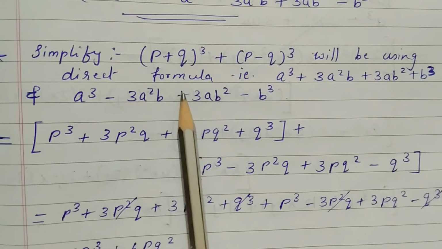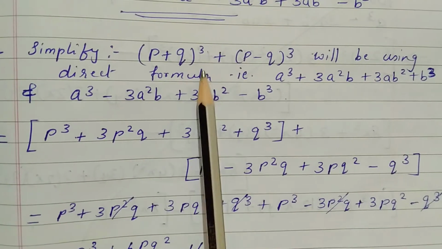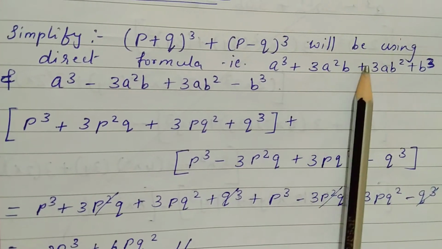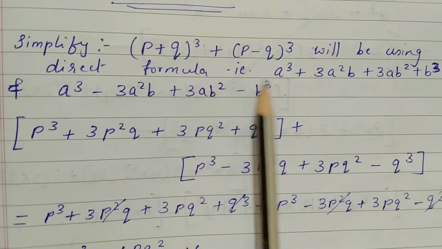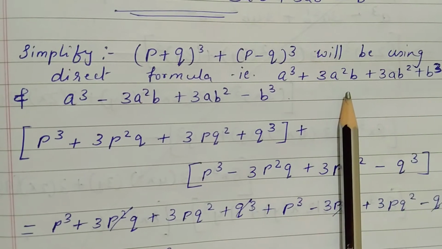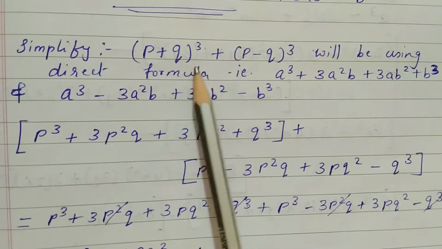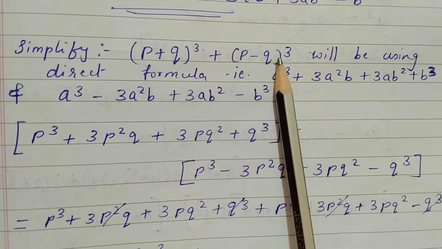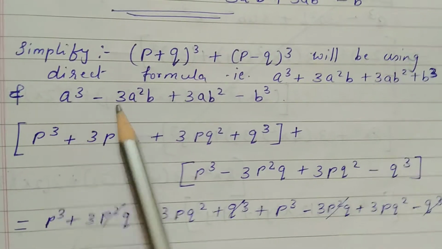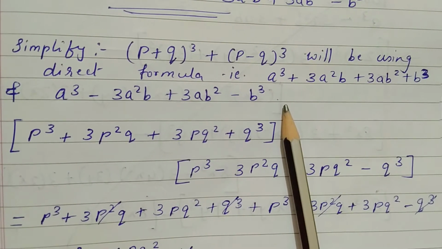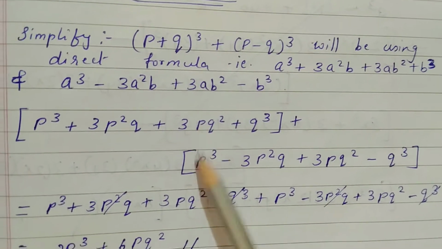So now this is p plus q the whole cube plus p minus q the whole cube. We'll be using the direct formula, that is a cube plus 3a square b plus 3ab square plus b cube for p plus q cube, and for this one the formula is a cube minus 3a square b plus 3ab square minus b cube.